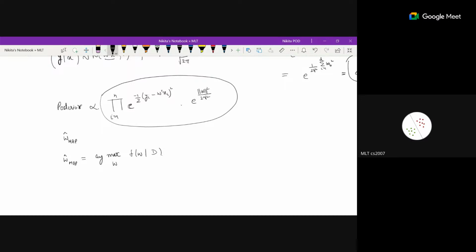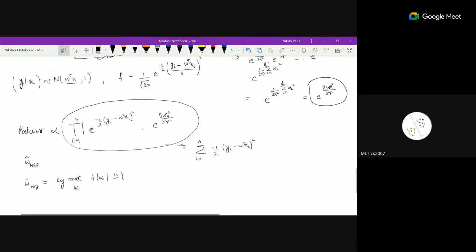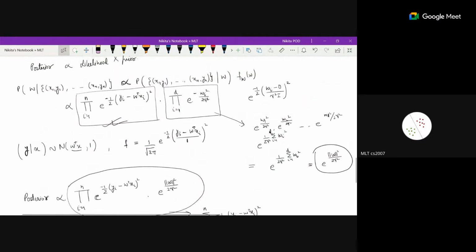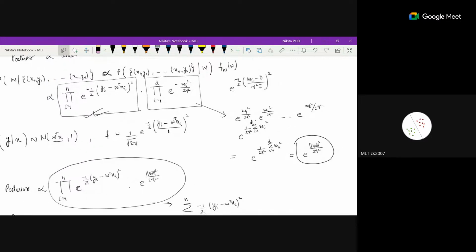So if we take the log, what we will get is the sum over minus 1 upon 2 (yi minus w transpose xi) whole square, where i is varying from 1 to n, and this we will have, yeah, there's a minus term over there.